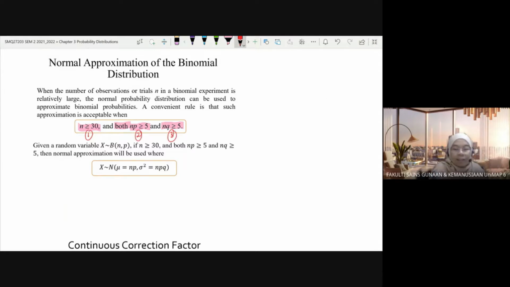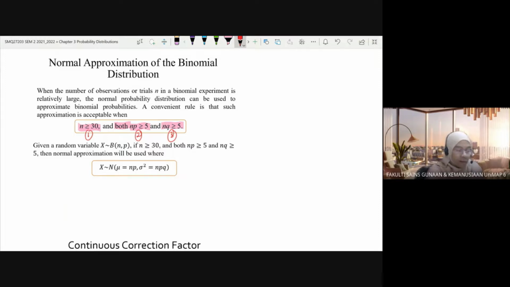Last time, when you approximated the binomial using the Poisson, you had 2 criteria: n greater than 30, and either np greater than 5 or nq greater than 5. But for this case, the 3 characteristics need to be fulfilled.